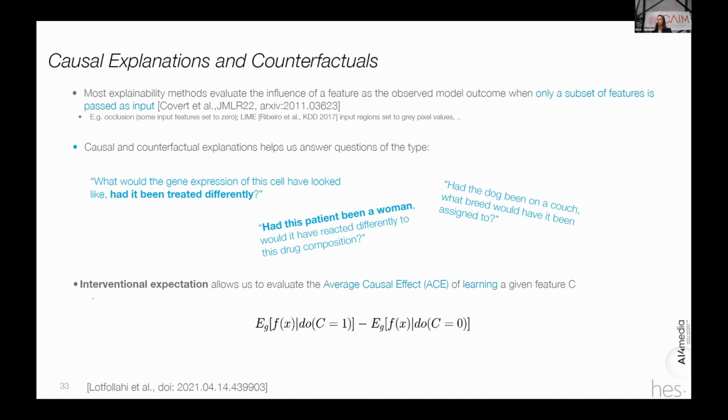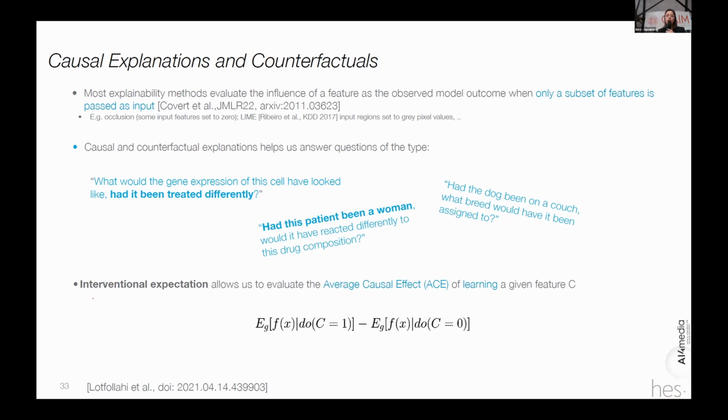And I think that is something extremely interesting to look at, because it would allow us to really answer a different type of questions. That is, for example, what would the gene expression of this cell have looked like if the cell had been treated differently? Or, had this patient been a woman, would the reaction that we observe in the end have been different?